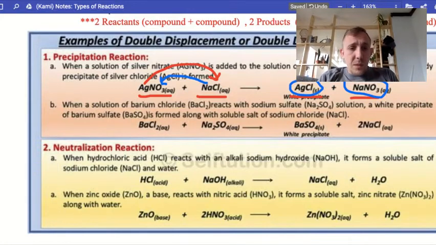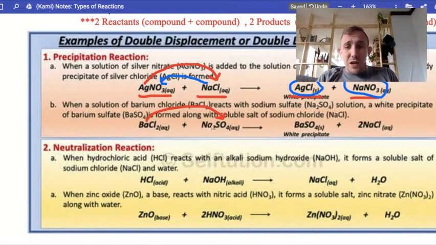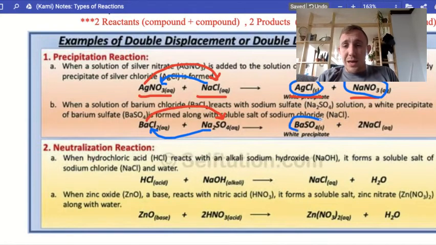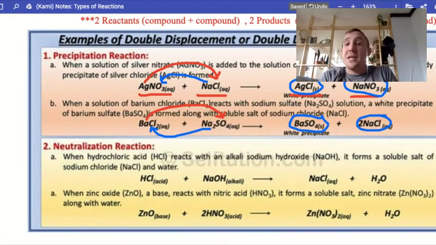Okay. So if I look at the next one, barium is now going to replace with SO4, and sodium is now going to switch to chlorine. So if we look, BaSO4, and then you have sodium and chlorine. Okay, and so they're double replacing each other.